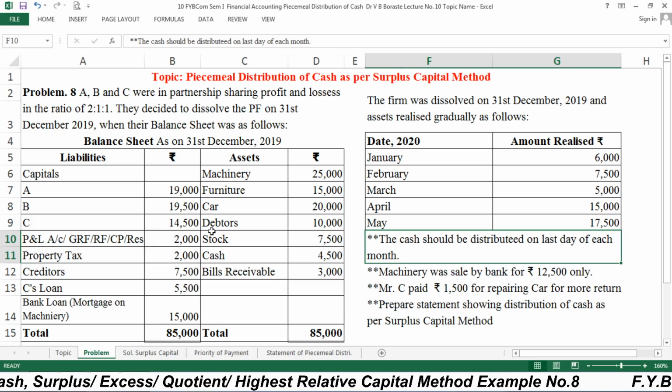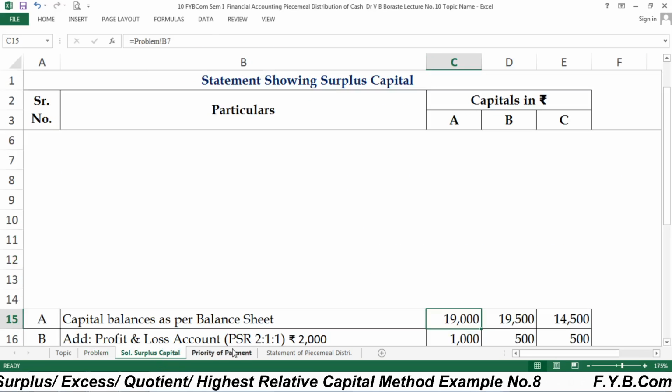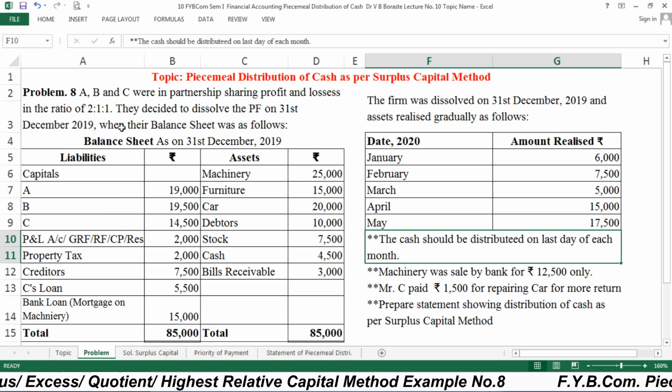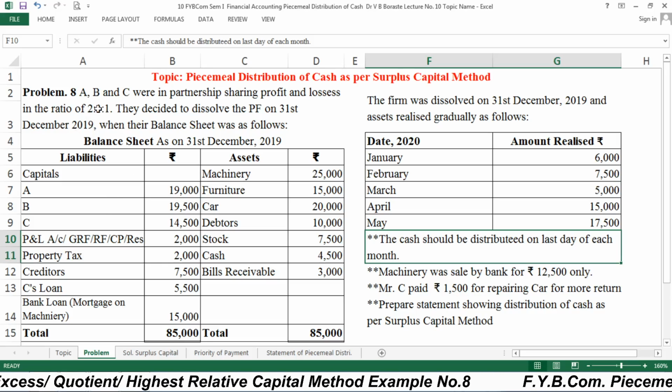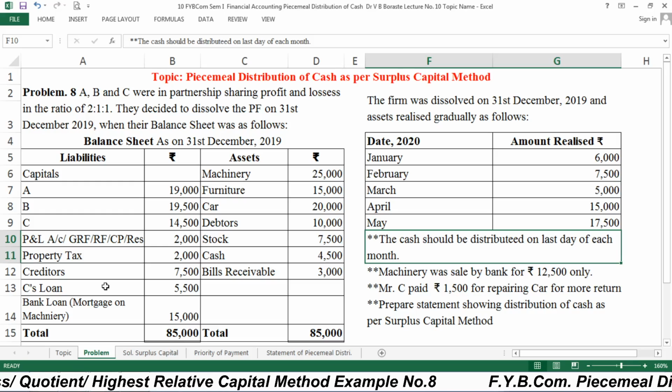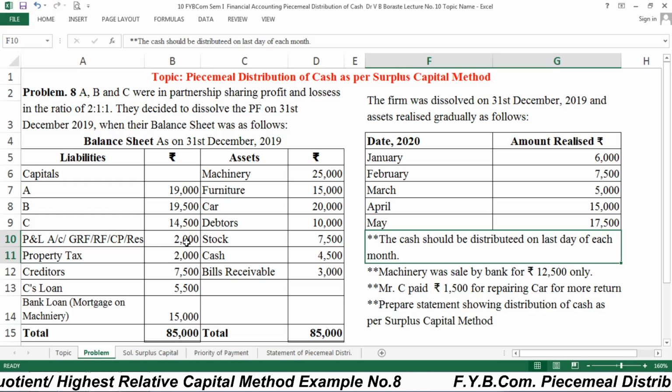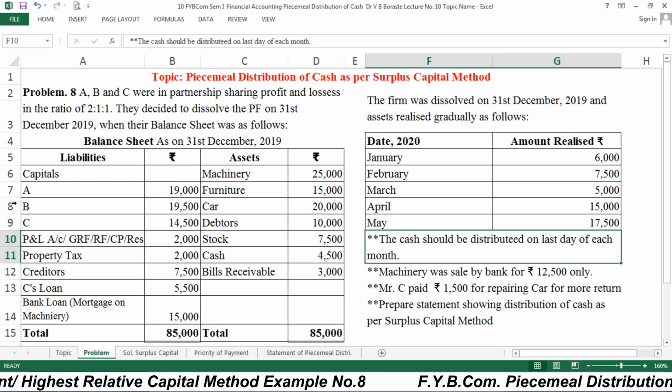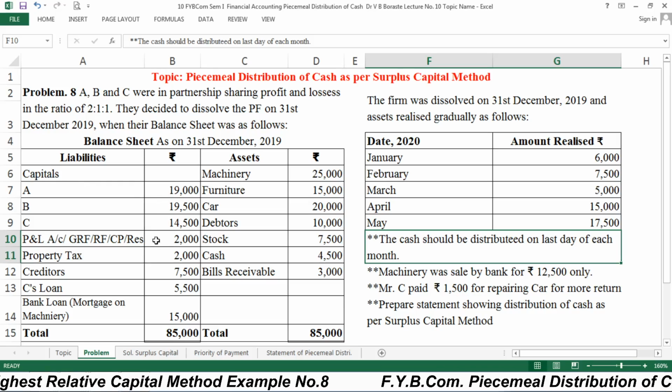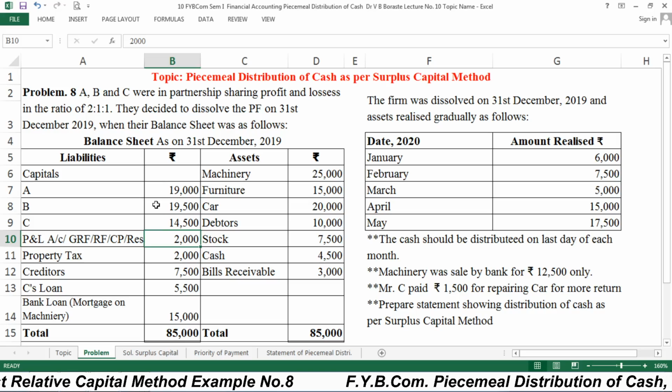That means current year profit is rupees 2,000. So we have to distribute the profit in their profit sharing ratio. What is the profit sharing ratio? It is 2:1:1. And the owners of the profit and loss account, meaning current year profits, are these 3 partners.